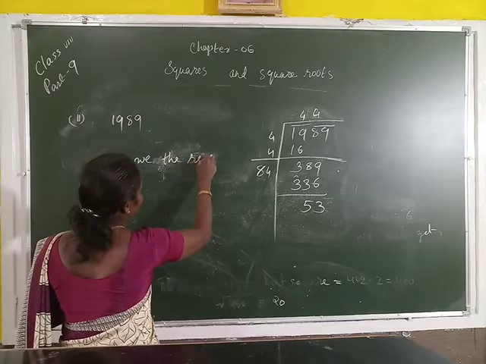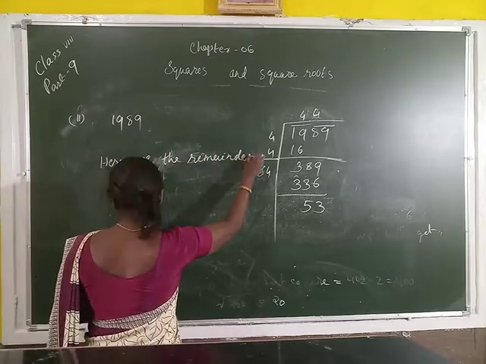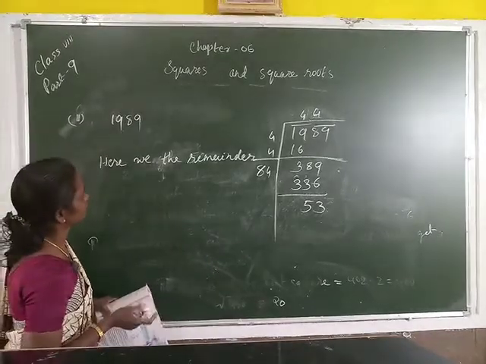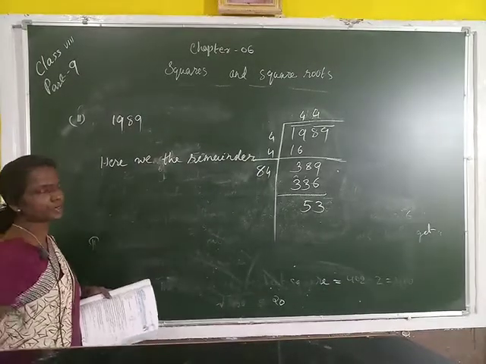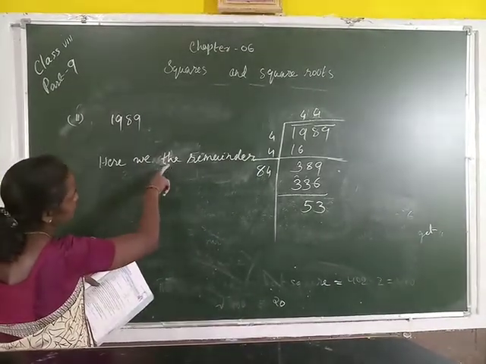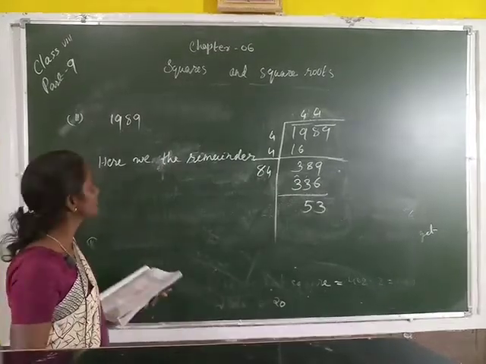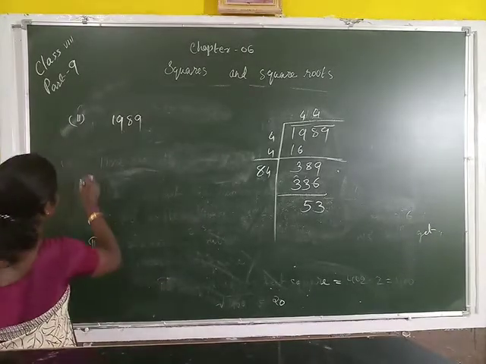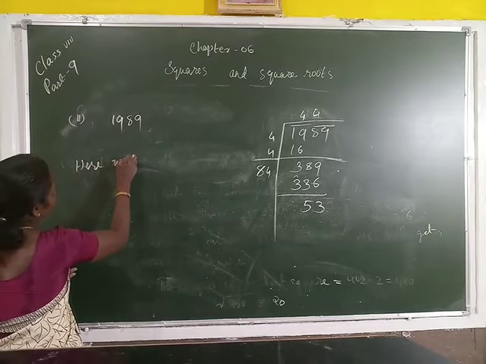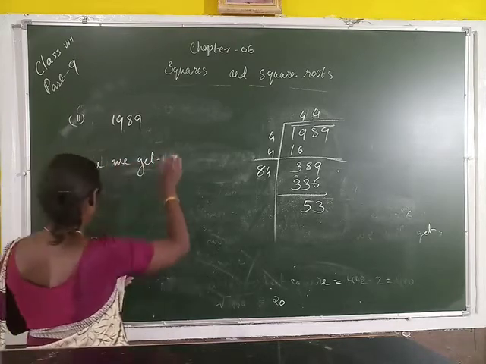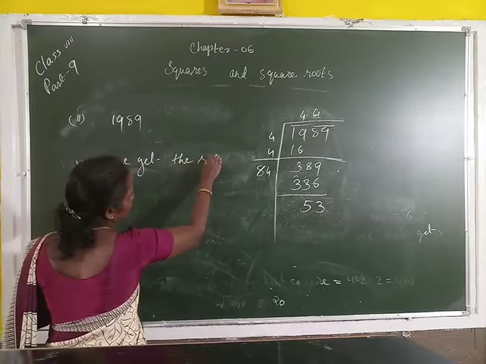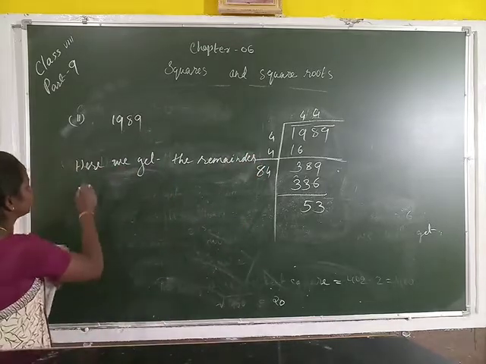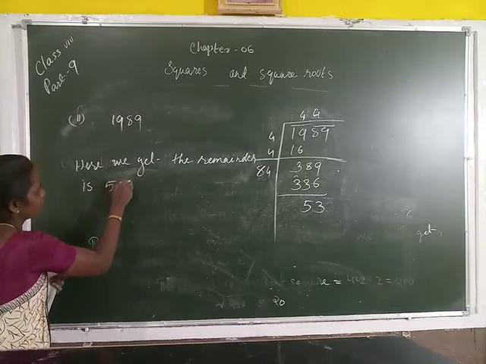Get the remainder. Which number do we get as the remainder? Sorry. Here we get the remainder is 53.